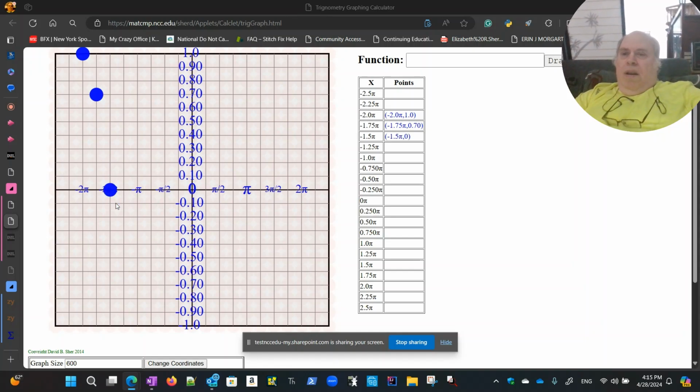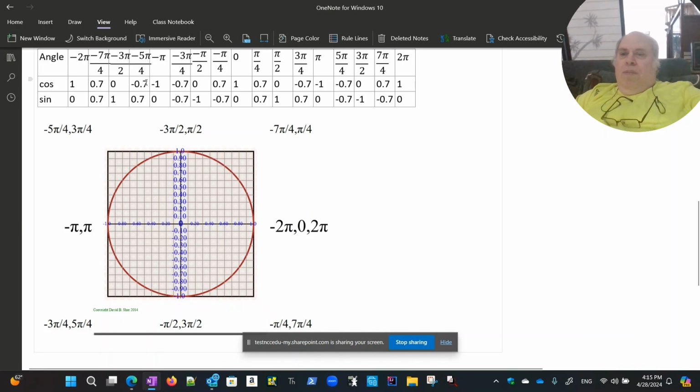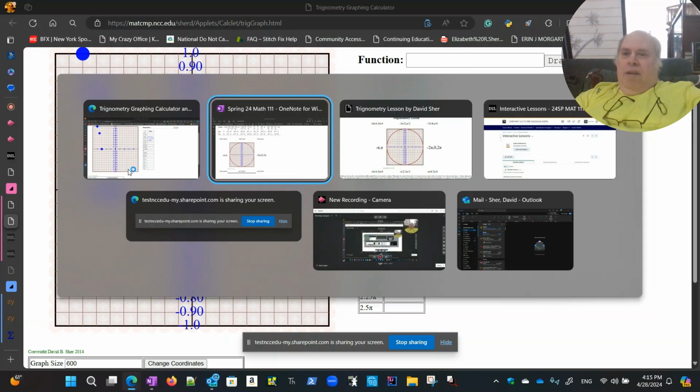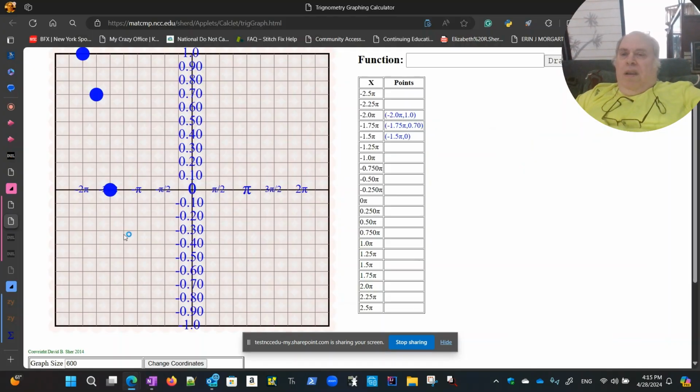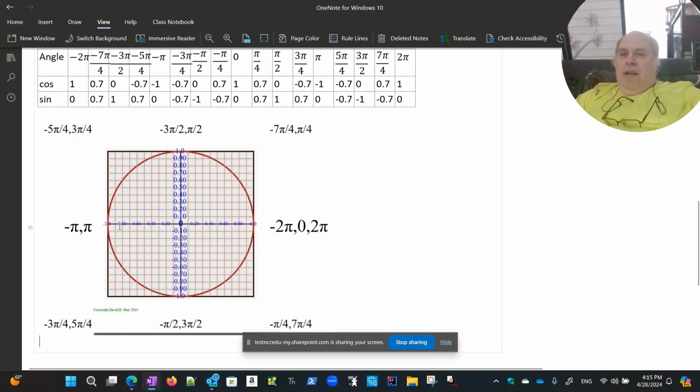Then we're going to go to -0.7. That's over here, so we're on the left side of the circle, and our x values are negative. So let me go back. We go to -0.7 over here, and then when we go to minus pi, we go to -1. That's on the far left side of the circle.